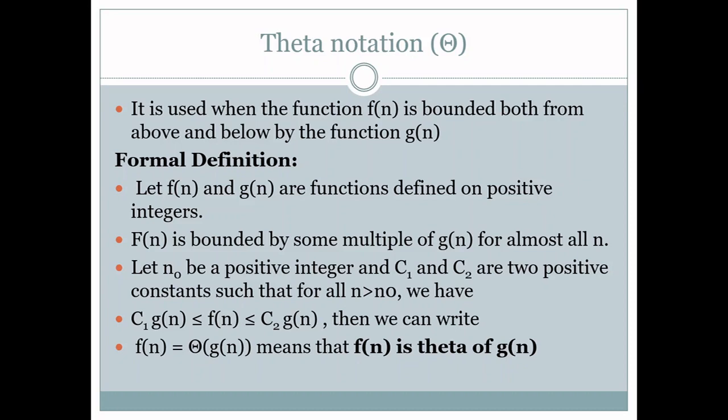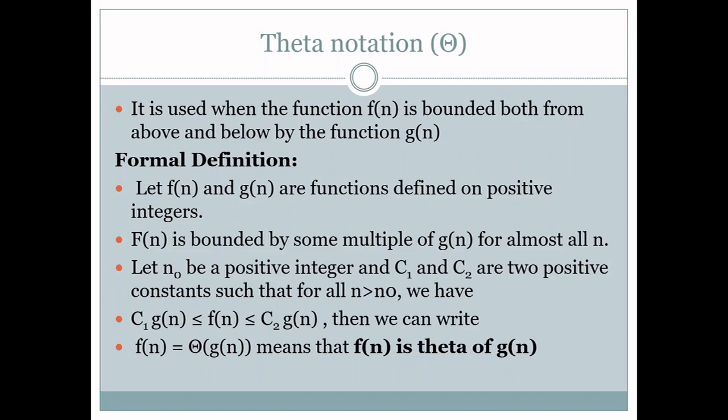Here also it is almost the same. That is, f of n and g of n are functions defined on positive integers, and f of n is bounded by some multiple of g of n. And here we take two positive constants c1 and c2 and n0 as a positive integer, and the condition is n is greater than n0. Everything is the same.